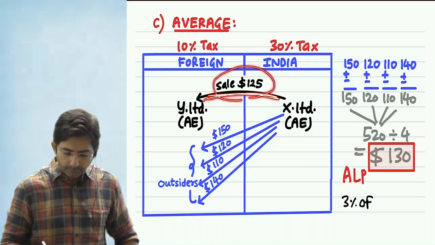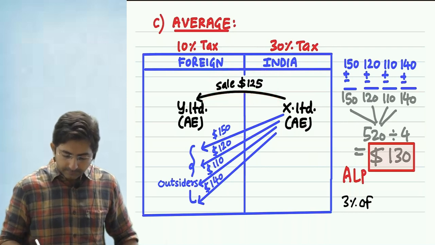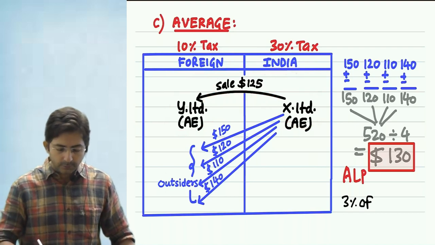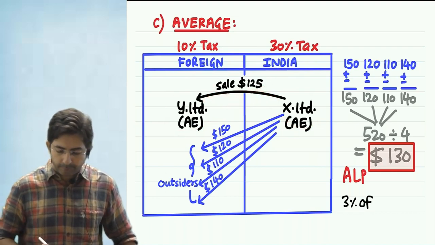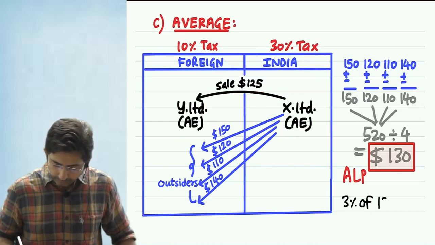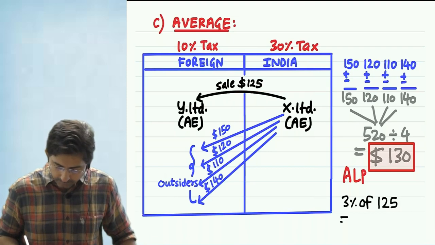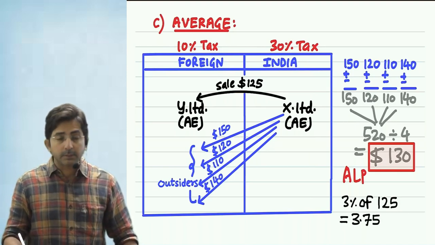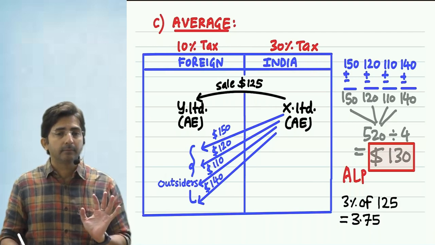This is the main actual transaction, so the price of the actual transaction is 125. So calculate 3% of 125. That comes to how much? $3.75. This is called the tolerance band.